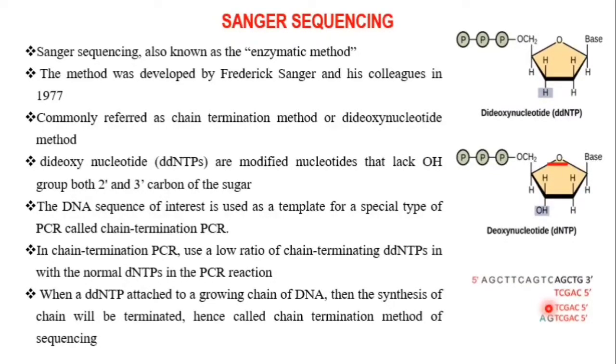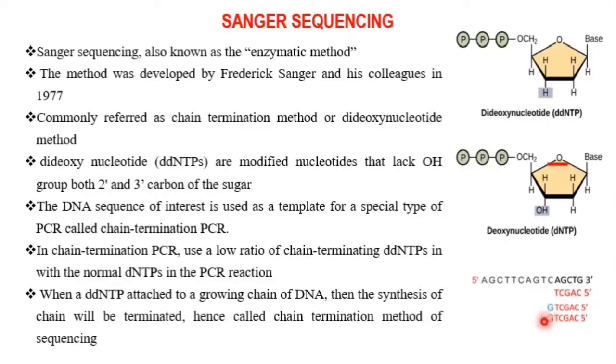Here you can see another case. Up to T is the primer, and in the system a normal guanine nucleotide is added, which has a 3' OH. Then in the next step an abnormal adenine nucleotide is added. Here there is no OH group, so the polymerase cannot join the next nucleotide to it.